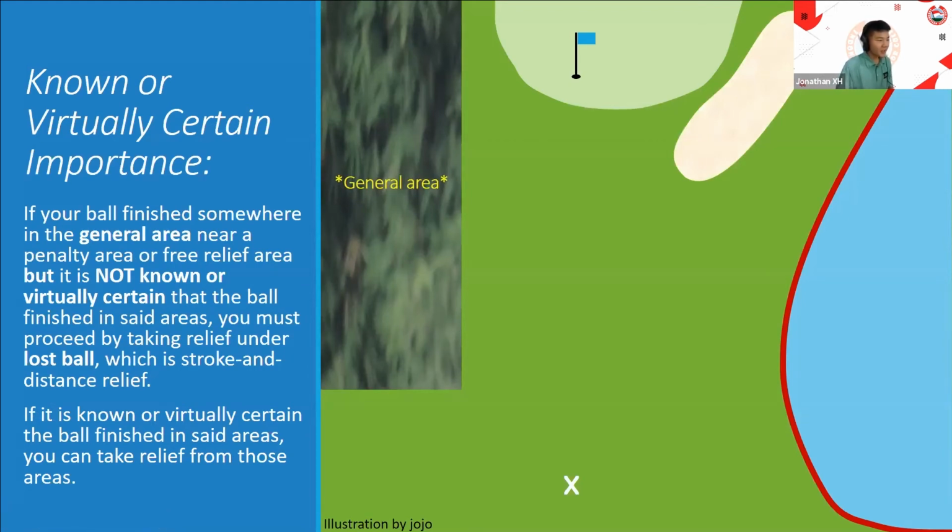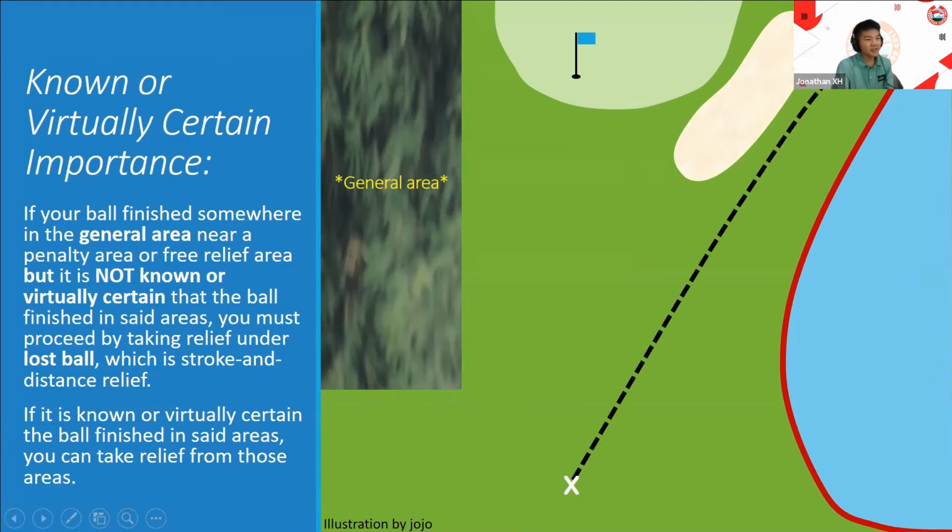We are on point X down here. Let's read the left bit that I've written first. If your ball finished somewhere in the general area, just what Ben Leong did, near a penalty area or relief area, but it is not known or virtually certain that the ball finished in said areas. Said areas means penalty area or free relief. So your ball went somewhere near a penalty area, like on screen.